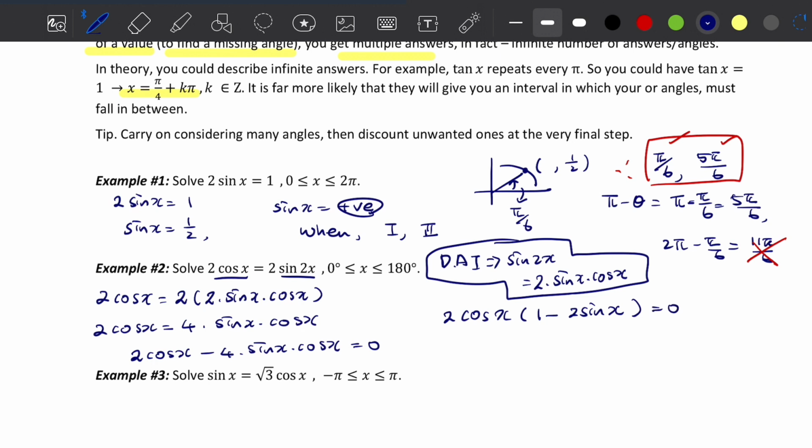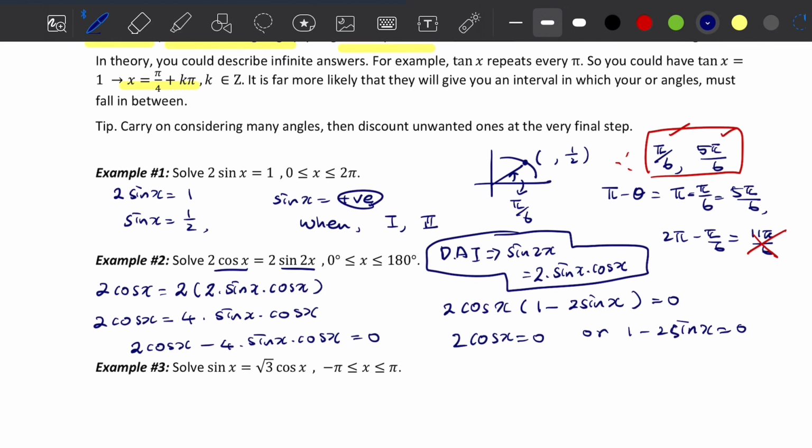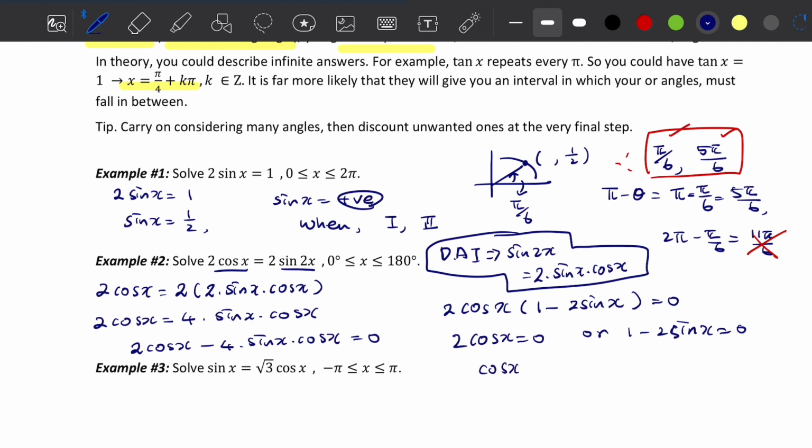Then cos x equals 0, or 1 minus 2 sine x equals 0, which means sine x equals 1 over 2.